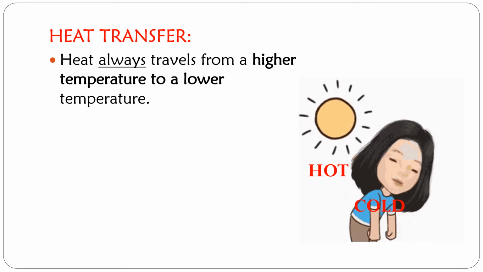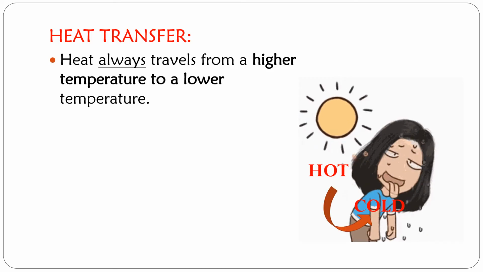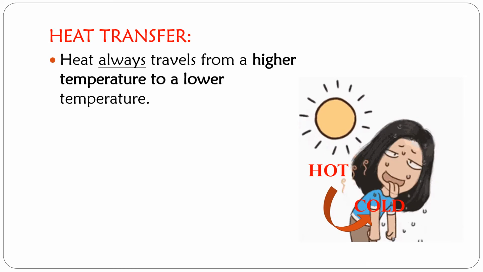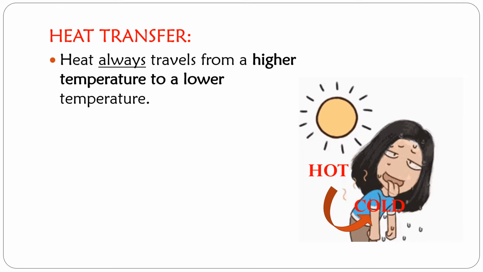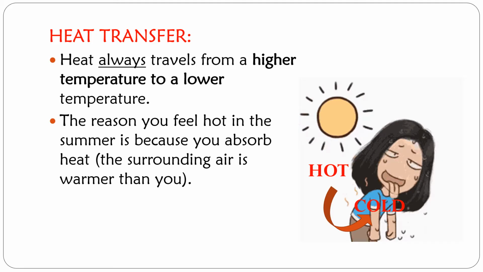Now, as we just said, heat always transfers from the hotter object to the colder object because the hotter object has a higher temperature, the colder object has a lower temperature. So heat will transfer from the outside into our body. So heat will transfer from the surroundings to the system, which means the heat is entering our system. Our body is absorbing that heat.